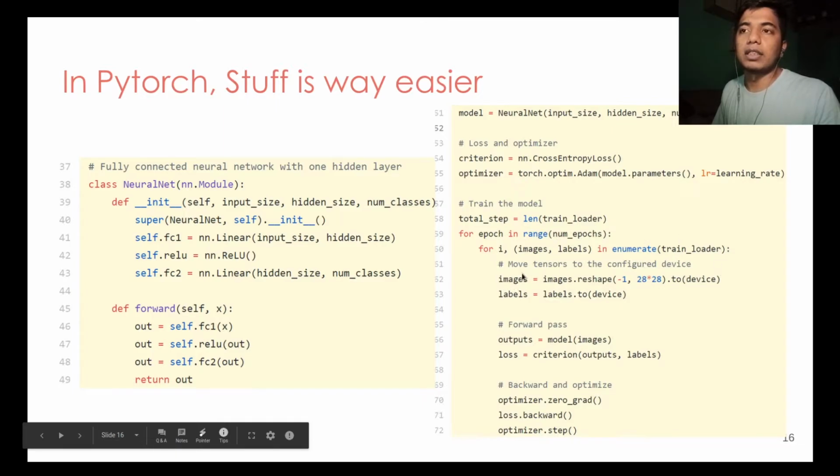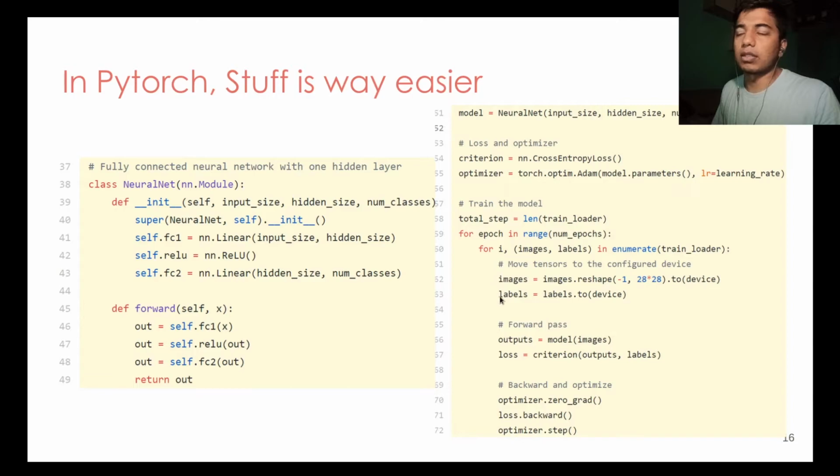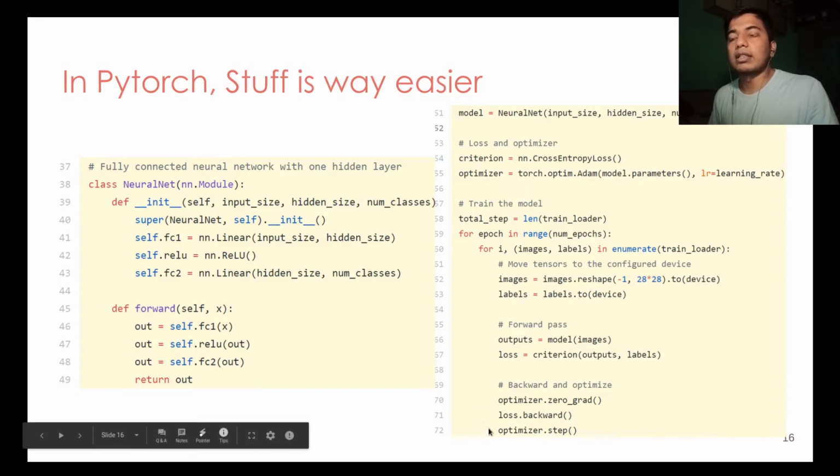Obviously we are moving these to the device, which could be a CPU or a GPU. You can train neural networks on CPUs or GPUs, as we know. Then we generate the outputs, we compute the loss, and then we do the optimizer step with the backward pass and move forward. So it's pretty simple, it's pretty standard.